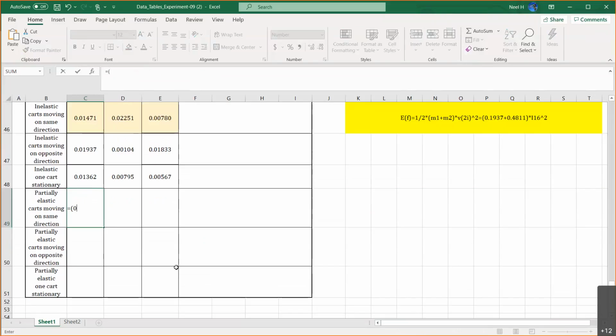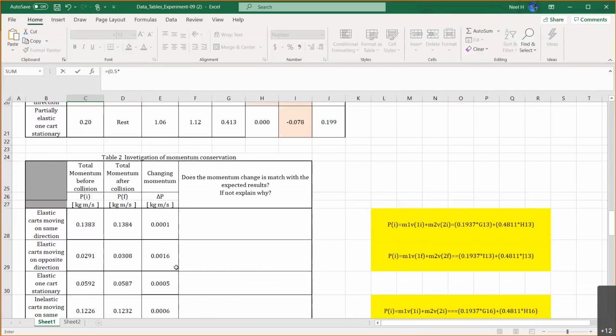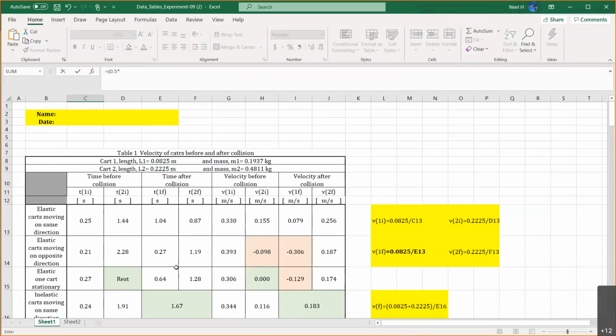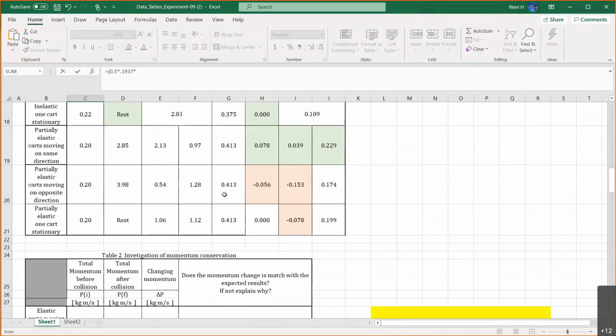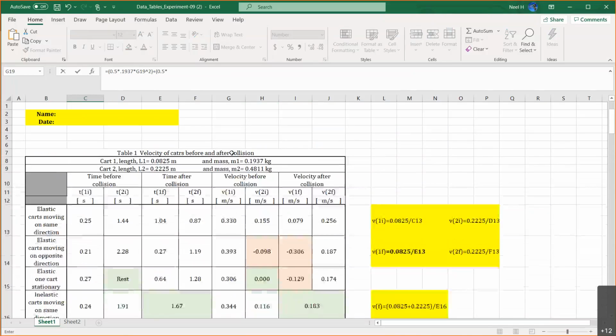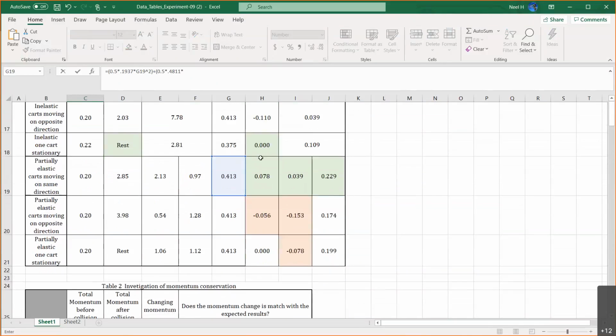So 0.5 multiplied by the mass of object number 1, 0.1937, multiplied by the velocity of object number 1 to the power 2, close brackets, plus open brackets, mass of object number 1 times half, 0.4811, multiplied by the velocity of object number 2 before the collision to the power 2.